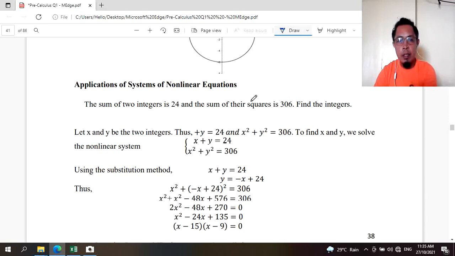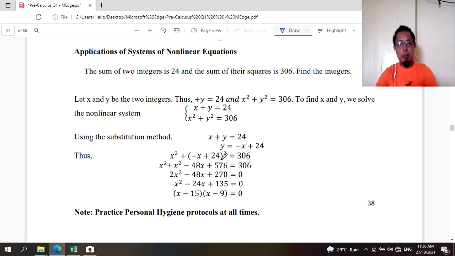Another is the sum of their squares is 36. Writing that in mathematical symbols, we square x, we square y, and get their sum. So we have x squared plus y squared equals 36.